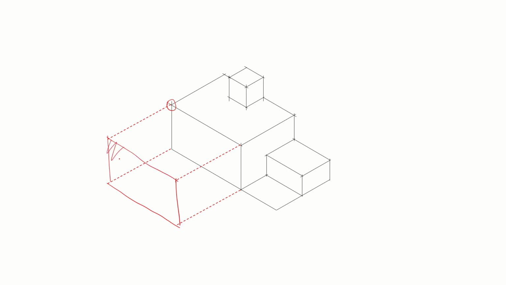Now this is the face that is there in this 3D. We are just taking that 2D component from here. So we have projected this baseline, the top line, connected this, and this face is ready. This is the one that we are seeing here.